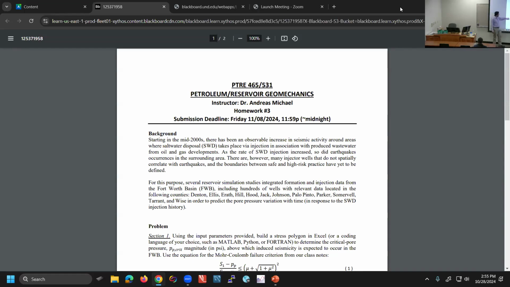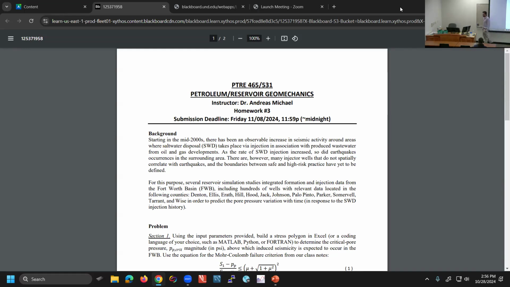For this purpose, several reservoir simulation studies integrated formation and injection data from the Fort Worth Basin, including hundreds of wells with relevant data located in the following counties: Denton County, Ellis, Erath, Hill, Hood, Jack, Johnson, Palo Pinto, Parker, Somervell, Tarrant, and Wise, in order to predict the pore pressure variation with time in response to the SWD injection history.